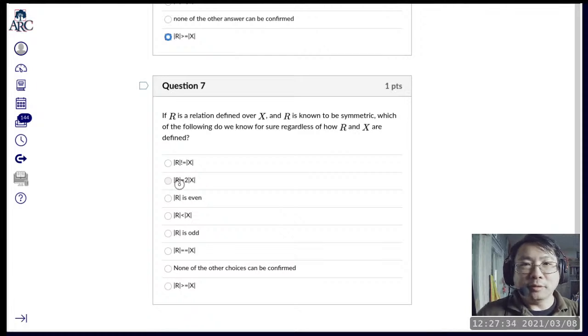The cardinality of R is exactly the same as twice the cardinality of X. That is not true, right? Just knowing that the empty relation is by itself symmetric already rules out the second option. I don't even have to come up with an example.